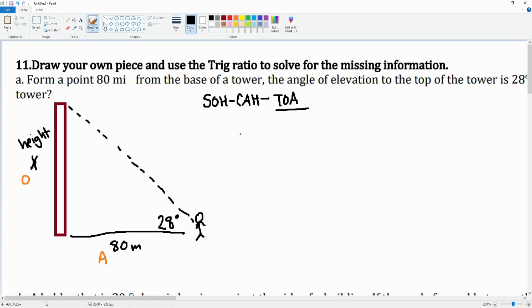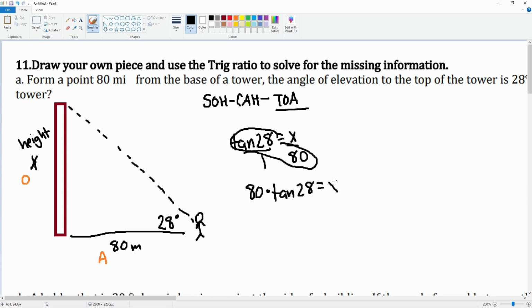So let's set it up. Tan of 28 is opposite over adjacent, which is going to be x over 80. Make this over 1 so we can cross multiply. You get 80 times tan 28 is equal to just x. You could just plug that into a calculator. 80 times tan 28.